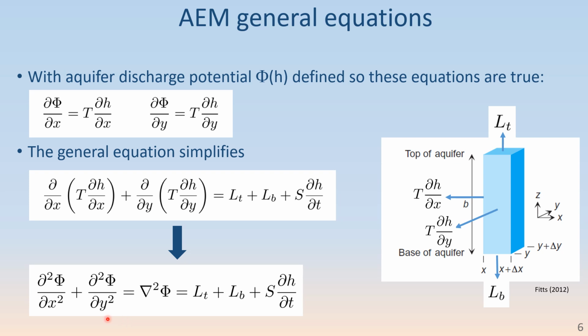And the sum of the second derivatives with respect to x and y is called the Laplacian, and this is a shorthand way to write that. And that is equal to those distributed sources on the right-hand side of our general equation.